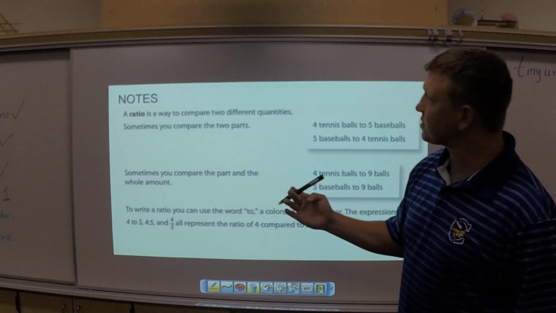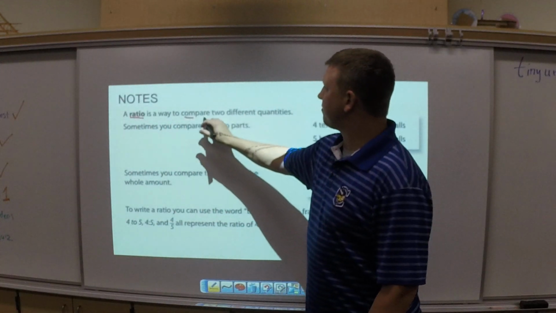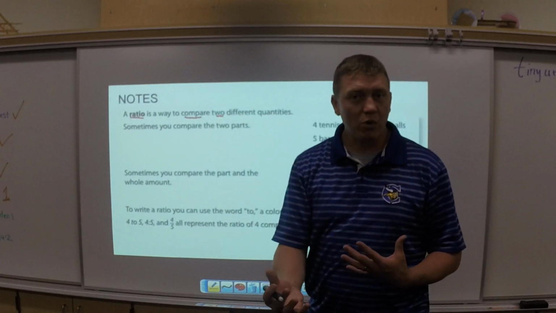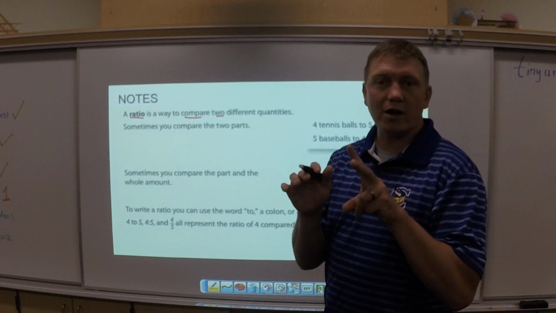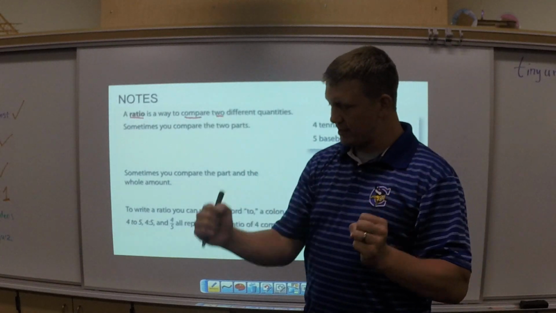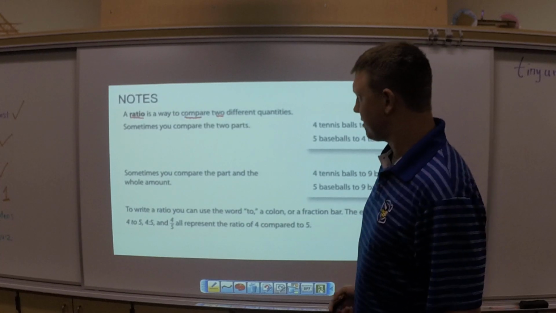Okay, here are some notes. The word ratio is used in order to compare at least two different quantities. Sometimes you compare more than two quantities, but a ratio is typically saying this is compared to this. It's just a simple comparison between two things.